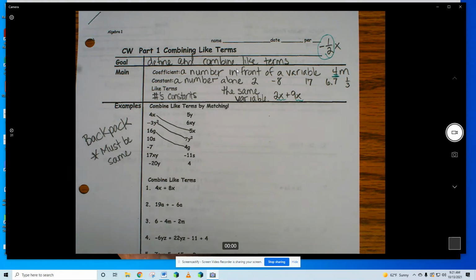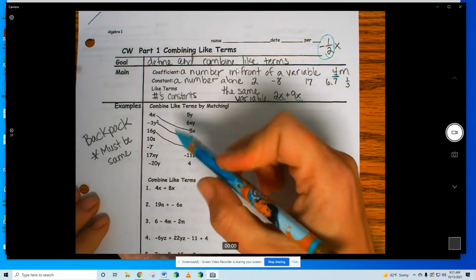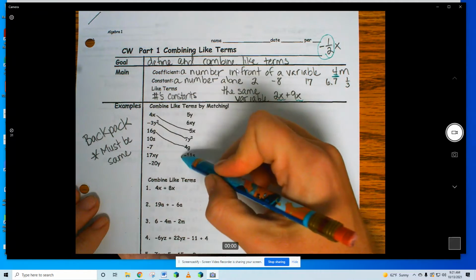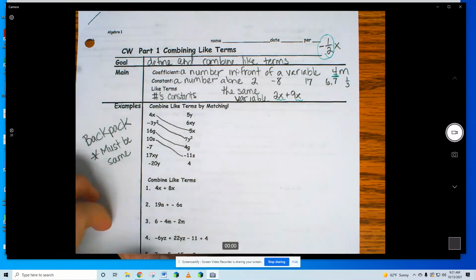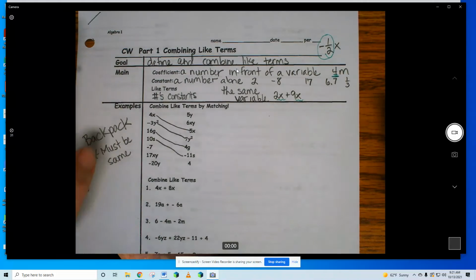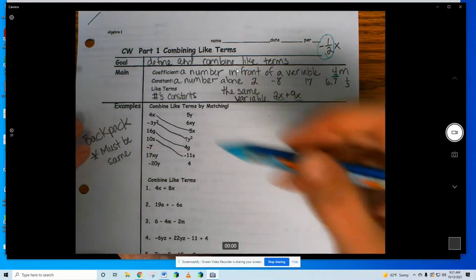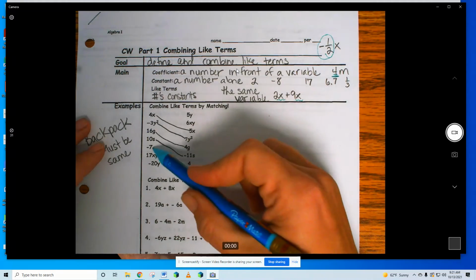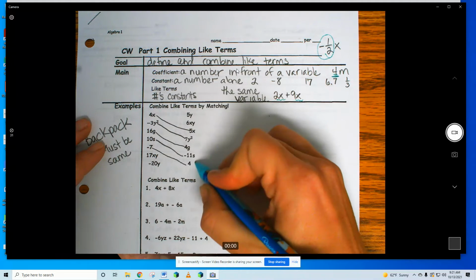What's 10S match up with? Where's its like term? -11S. That is the like term of 10S. Good. And then -7 goes with what like term? And by the way, those are called constants, remember, because they're just numbers.